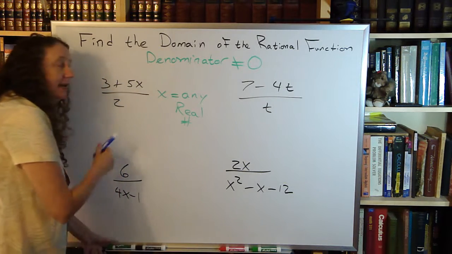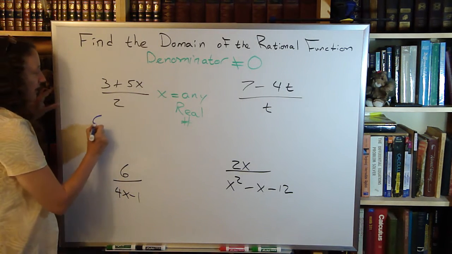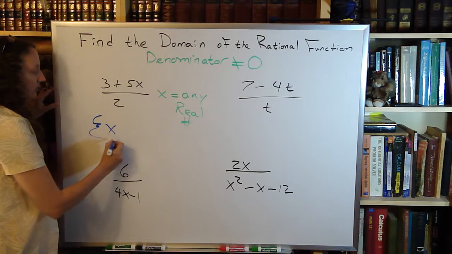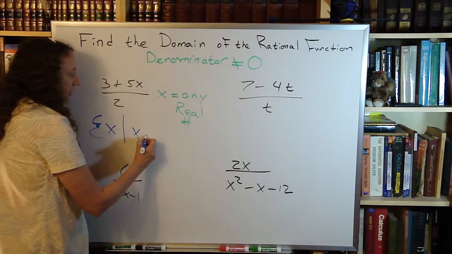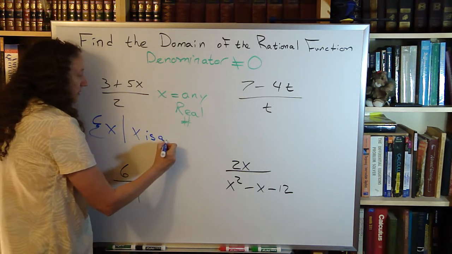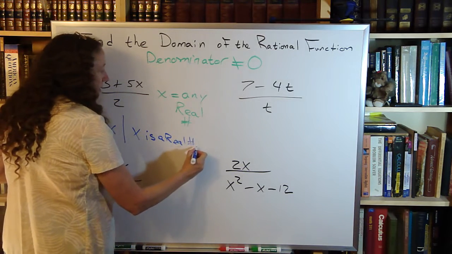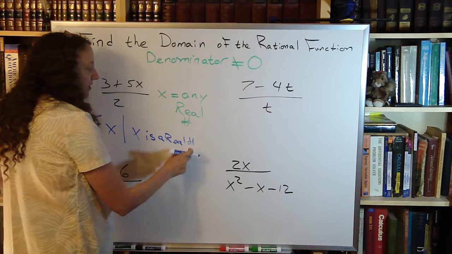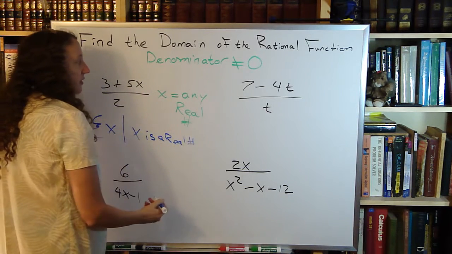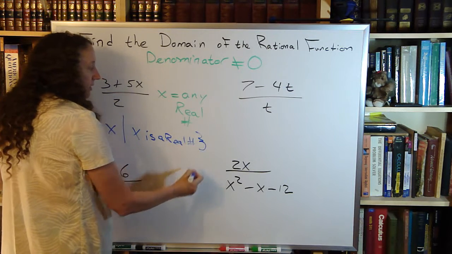So how we would write that answer in set notation is the set of all x's such that x is a real number. Well, we don't need any comma because there's nothing else other than that. It can be any real number. So then we close out our set notation.